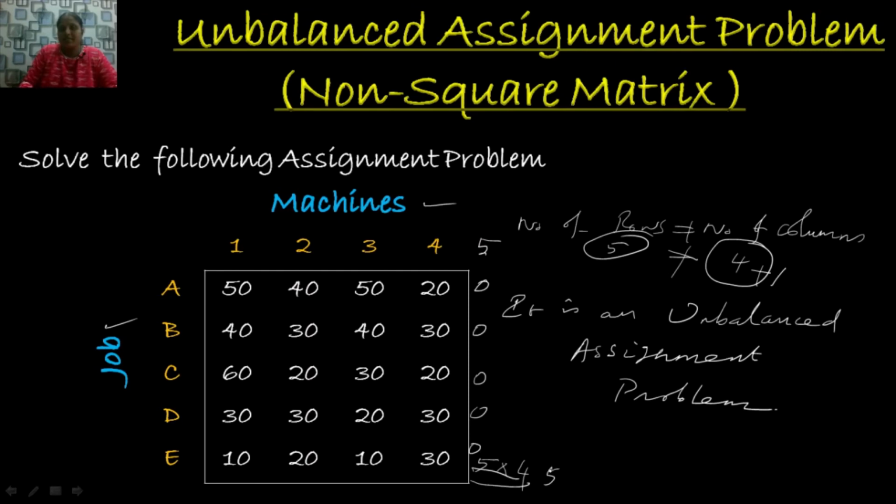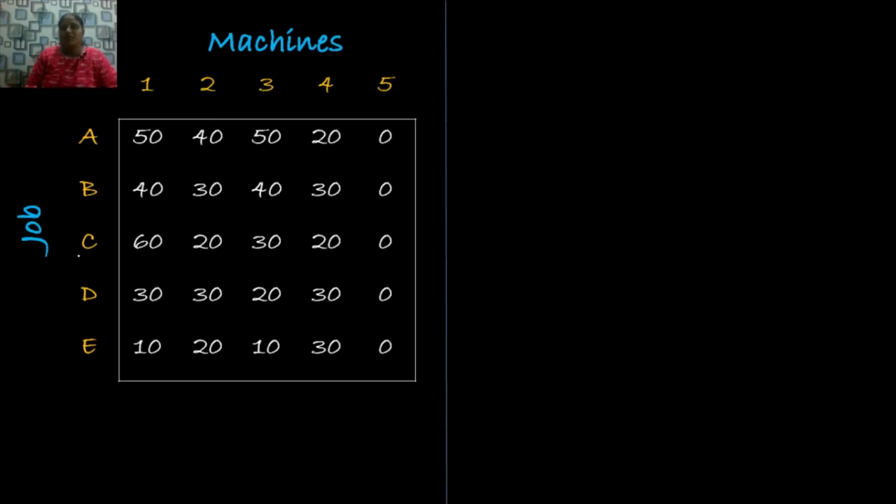Now the matrix is a 5 by 5 matrix after introducing this dummy column. So after introducing a dummy column, we get a matrix like this. Now we can use the Hungarian algorithm to find the optimum schedule.